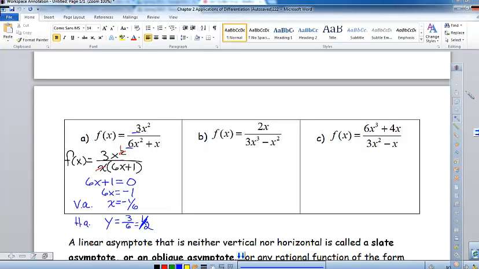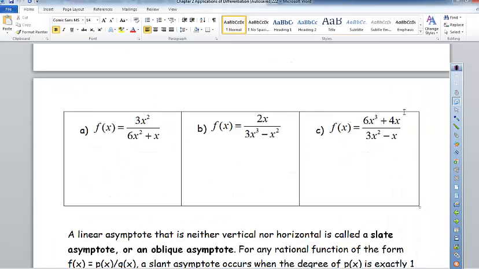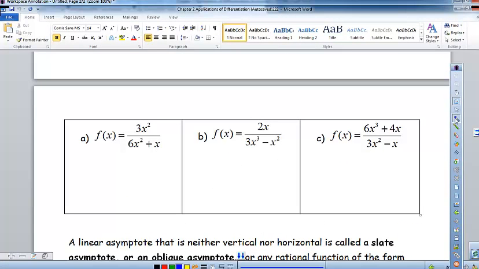All right, let's look at B. Same thing. First, we want to find any vertical asymptote. So we're going to our function f of x equals 2x. On the bottom, we can do what?